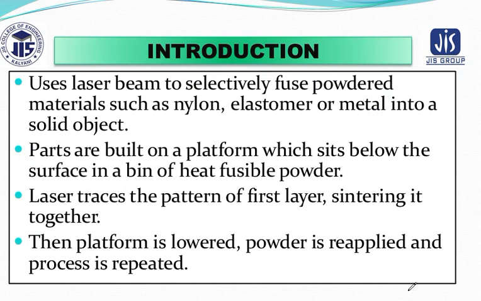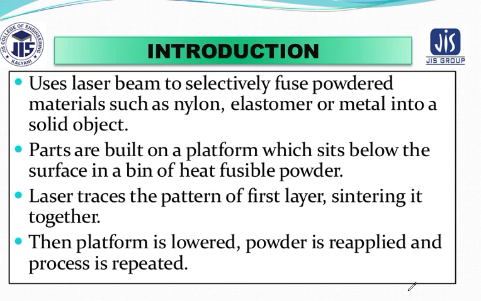We are talking about selective laser sintering. It is a process based on sintering of non-metallic, or more commonly metallic, powder selectively into an individual object. The bottom of the processing chamber is equipped with two cylinders.